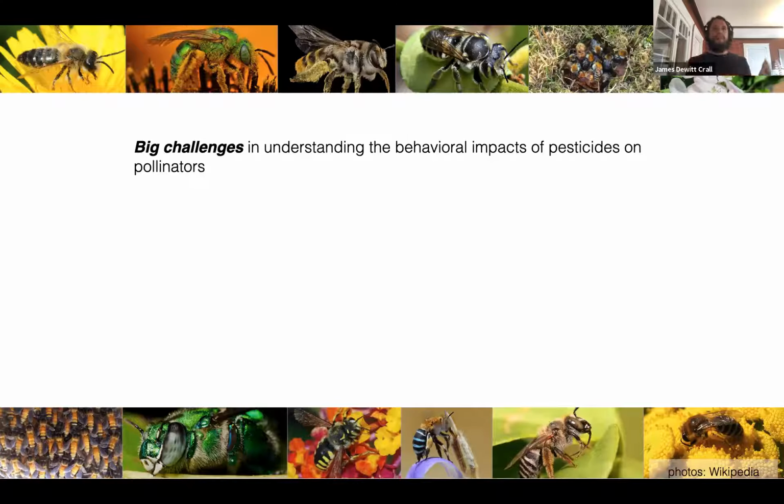So if we want to think about that genre of impacts, there are a few big challenges, I'd say. One is, it's pretty complicated just to understand even the direct effects of a single agrochemical, or multiple agrochemicals, because bees live an incredibly diverse behavioral life. They do a lot of different things in a lot of different contexts.